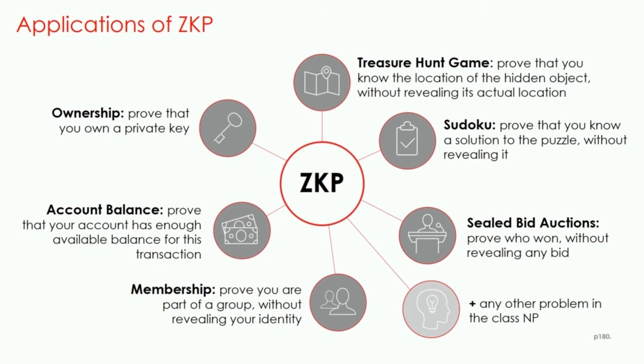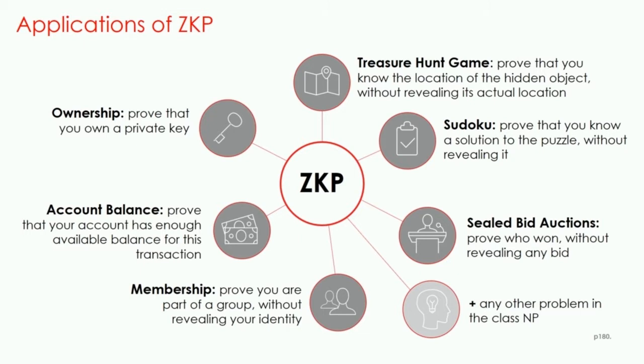I can prove ownership, that I own a private key or a password, without revealing this information. Then let's go to some games. For example, the treasure hunt game: you want to show that you know where something is hidden without stating or giving any information, even a small piece of information, about where this location is.